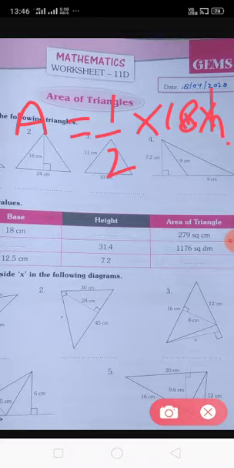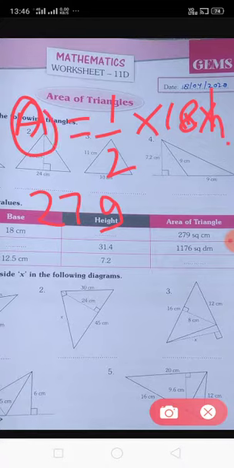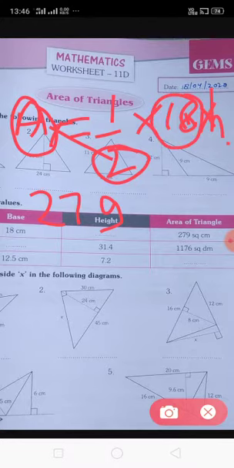This is equal to 279. If you want to find the height, this 2 is in division, so you take it to this side and it comes in multiplication, and this 18 comes in division.